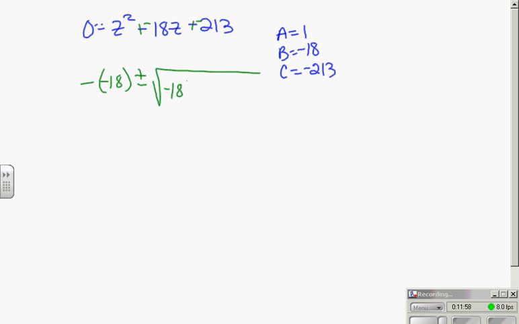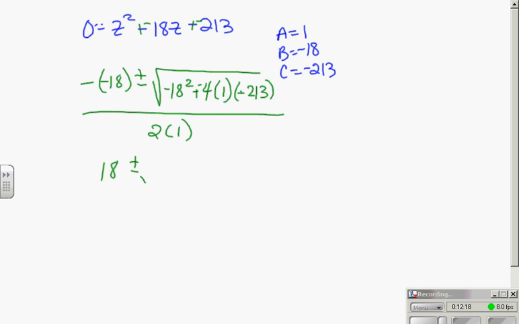If you think about adding the opposite, so I have the opposite of negative 18 plus or minus the square root of negative 18 squared minus 4 times A times C all over 2 times A.